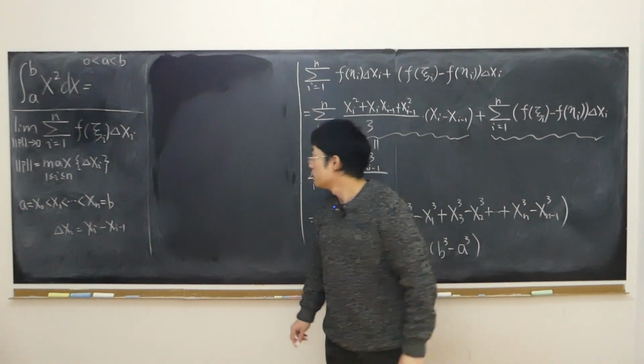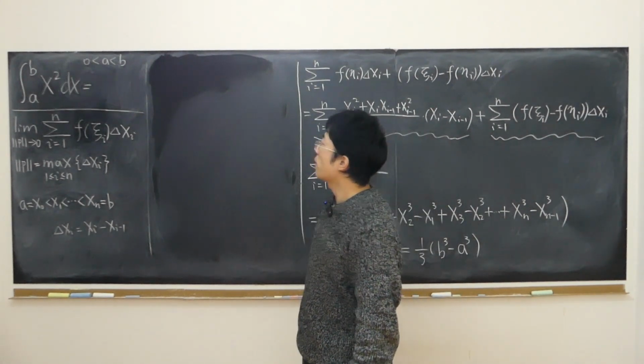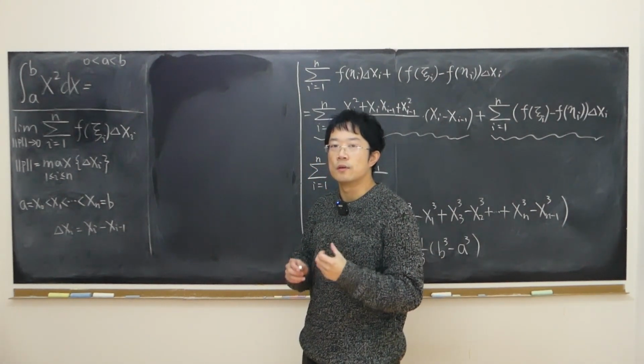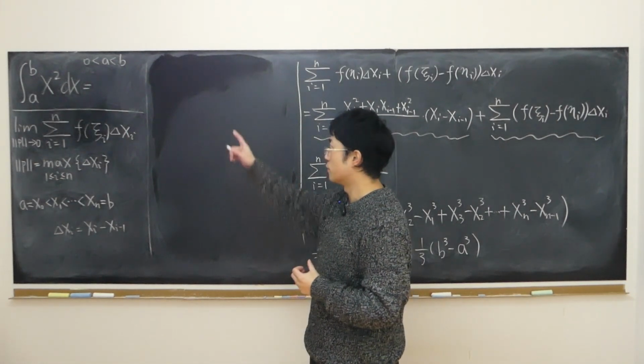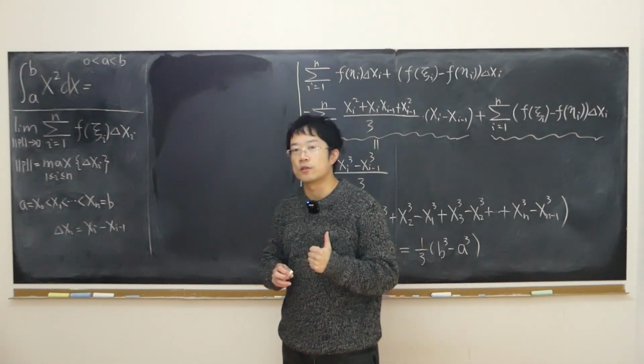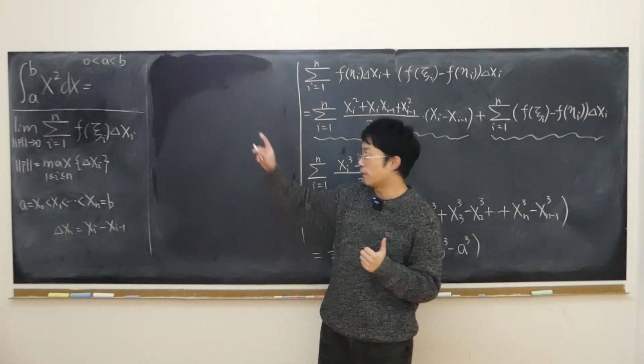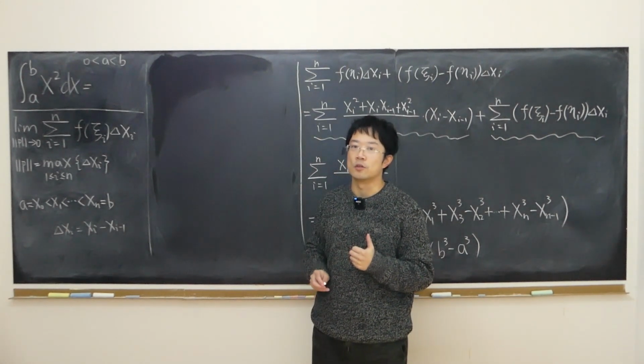First of all, x squared as a function is obviously continuous everywhere over this closed interval AB. Therefore, it's easy for us to conclude that this function has to be uniformly continuous.